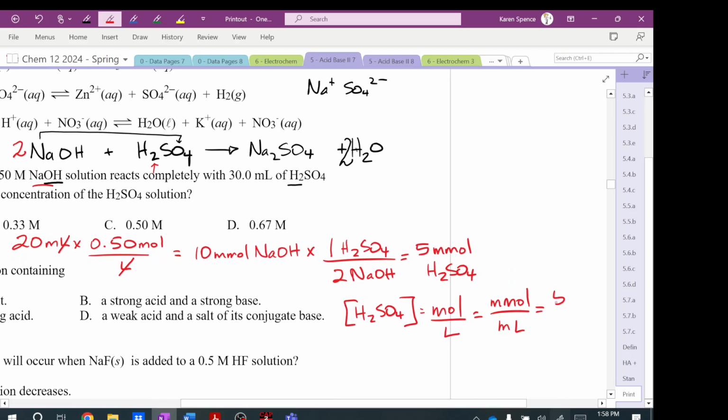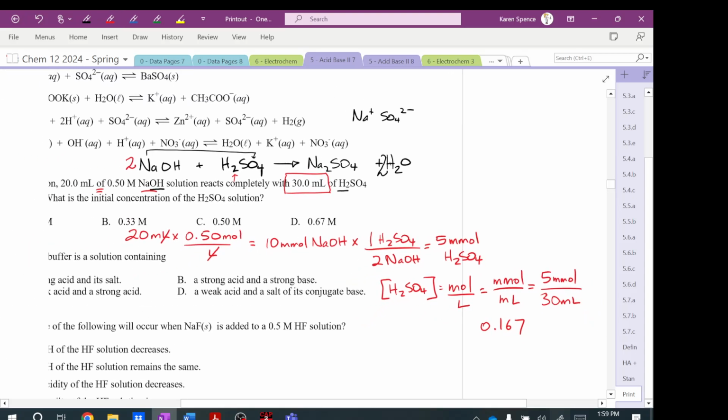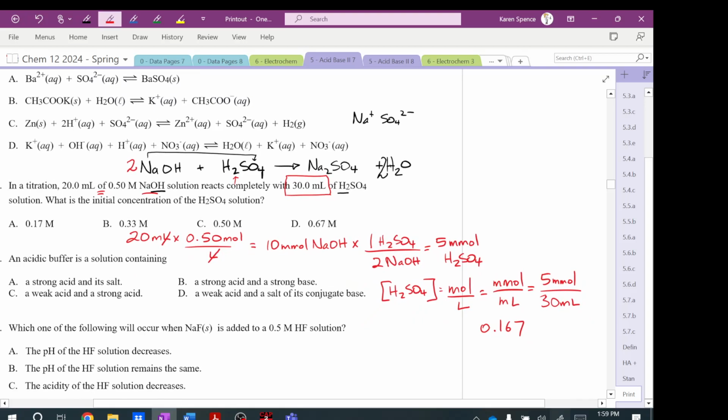So I have 5 millimoles over 30 milliliters of H2SO4. So 5 divided by 30 is 0.167. Oh, thank God, it's the first one. I was like, maybe it's not there.